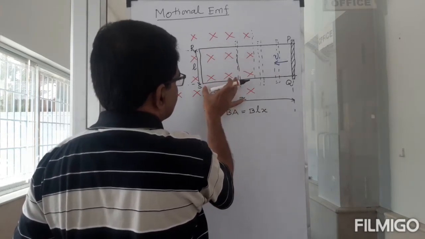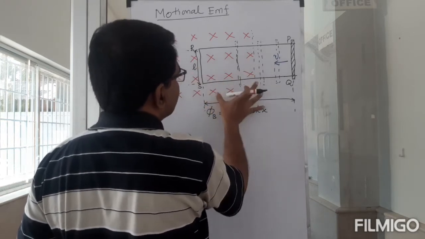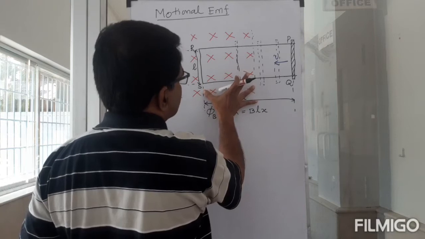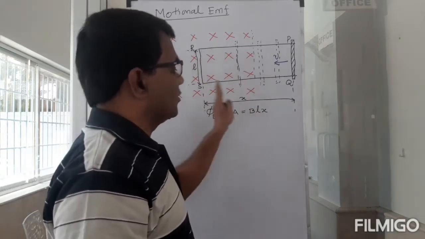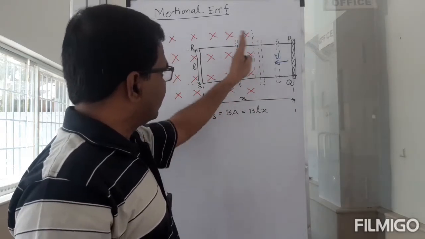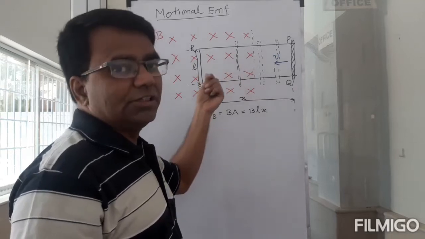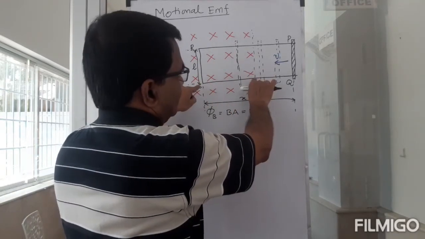Then you have one x here. So if it is here, it is B L into this x. So x will be changing. B and L will remain the same. So based on the value of x, the magnetic flux through that will change from here to this position.